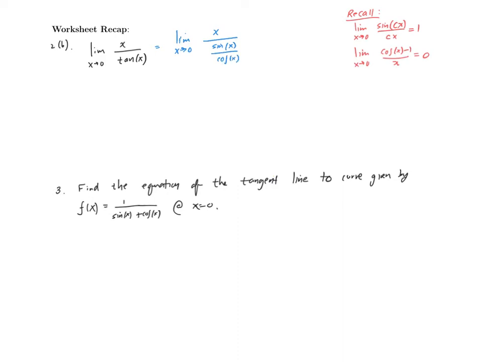And we have several options as to how we can go about manipulating this algebraically. And I will simply just multiply by 1 in a fancy way. I'm going to multiply this by 1 over x divided by 1 over x, with the goal of getting this sine x over x that we would like to see. So note in the numerator the x's cancel, and in the bottom we would have sine x over x times 1 over cosine x.